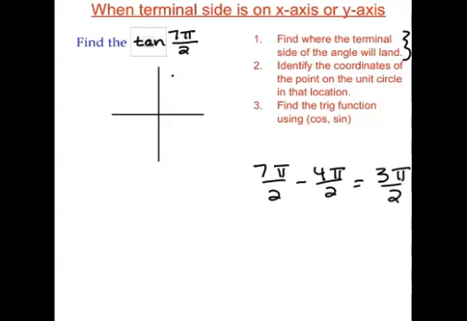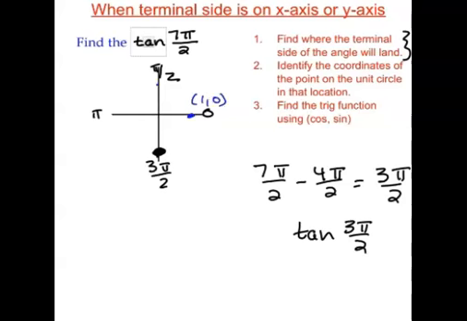Okay, so this is equivalent to the tan of 3 pi over 2. So this is 0, this is pi over 2, this is pi, this is 3 pi over 2. So this is where we are here. Well, this is on the circle, so it's on the x-axis or y-axis. So identify the coordinates. This is (1, 0), (0, 1).